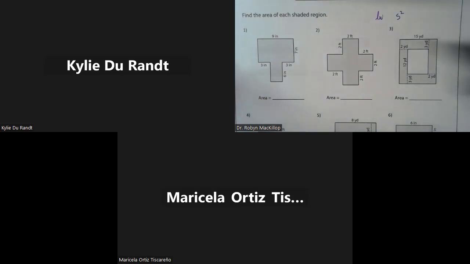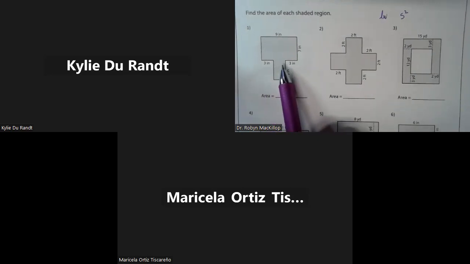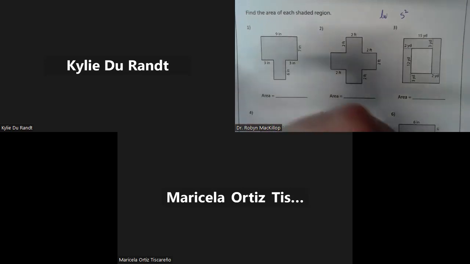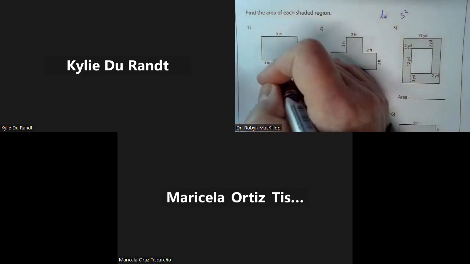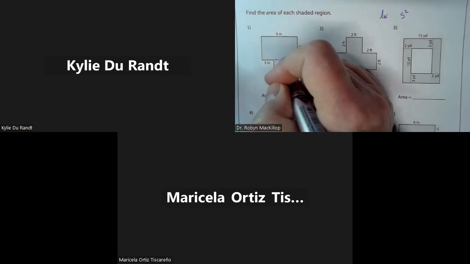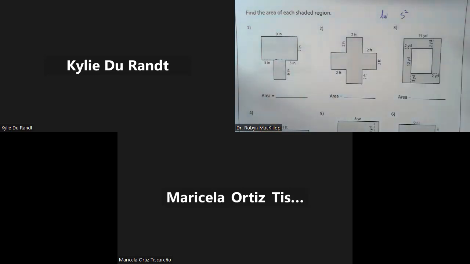Same exact thing. When you get a composite, you're going to need to break it down into the two shapes. So let's deal with this one first. Put a line right across here and deal with one shape at a time.